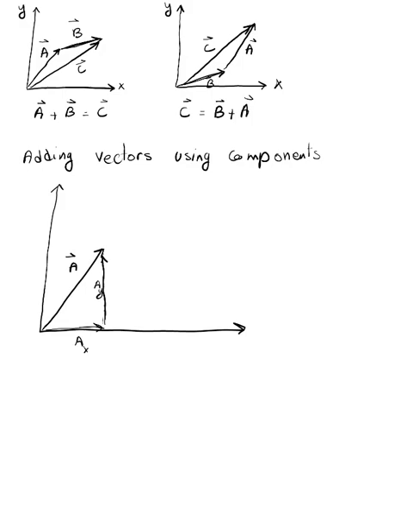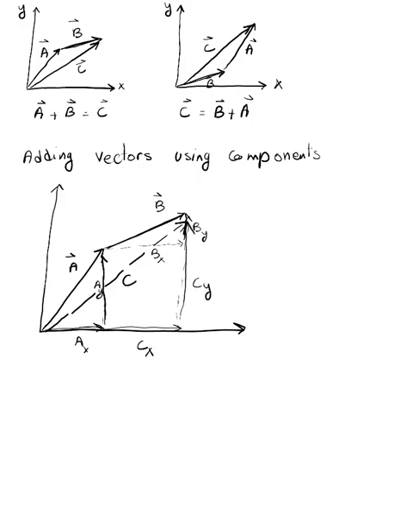Then I have vector B that has the components Bx and By. The resultant vector, which I'm going to show by a dash, is vector C with the components Cx and Cy. As you can see, even on the graph, Cx is Ax plus Bx, and Cy is Ay plus By.